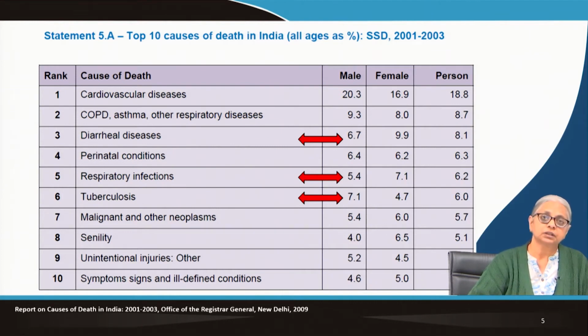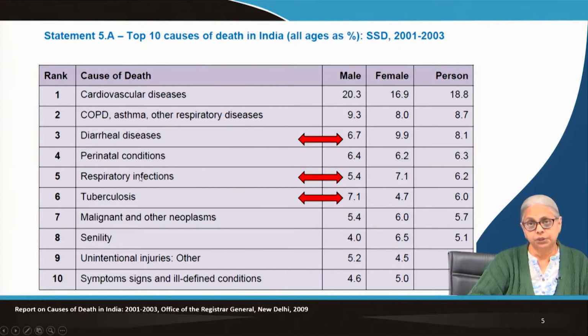So newborn children, especially the ones that do not have access to clean food, clean water, they are the ones that are most at risk of diarrheal diseases. So these are the ones that are the highest morbidity and mortality cases.